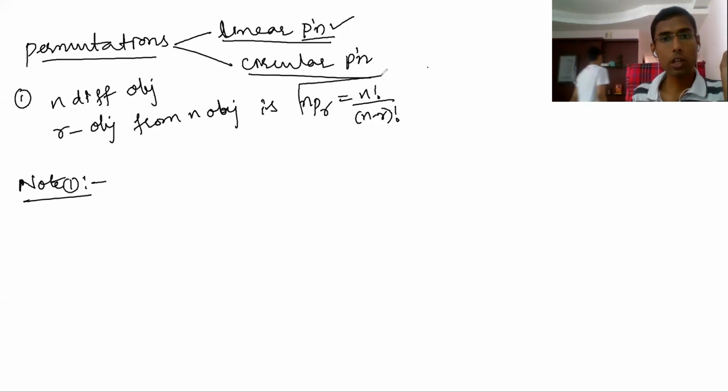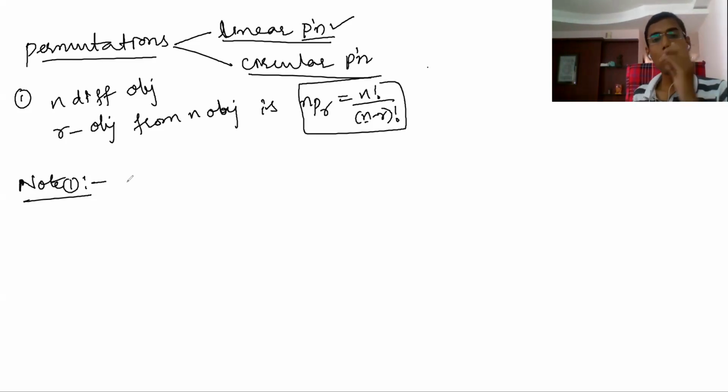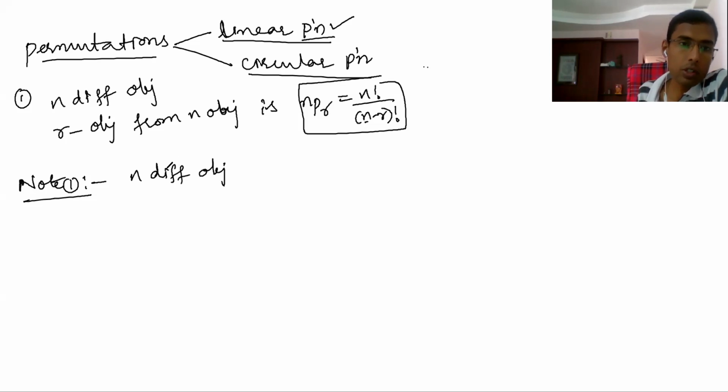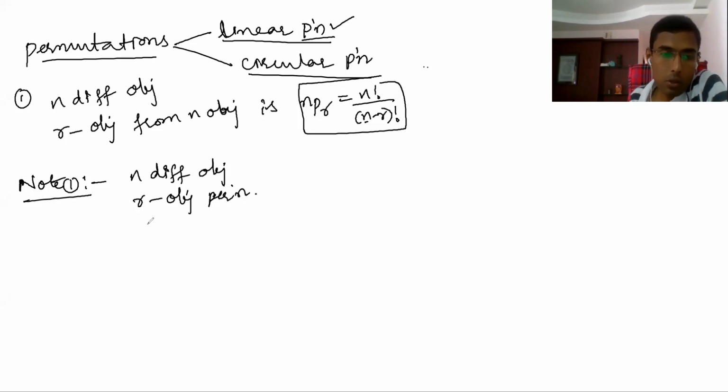Based on nPr, nPr equals n factorial by (n minus r) factorial. Number one: let's consider n different objects, out of which we are discussing r-object permutations.